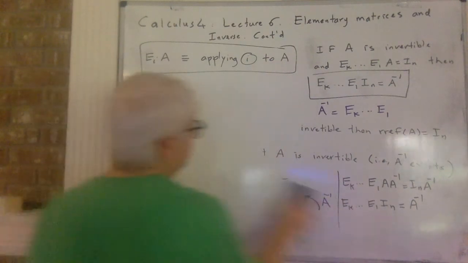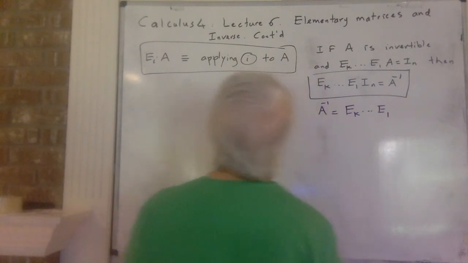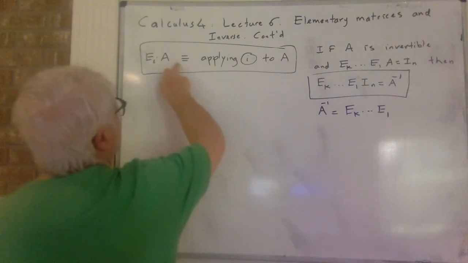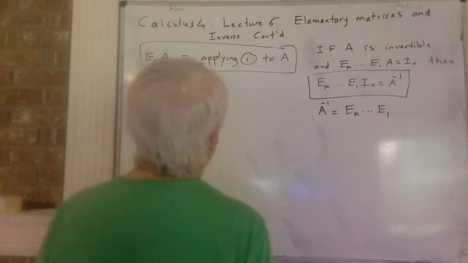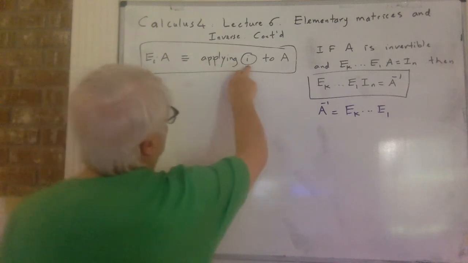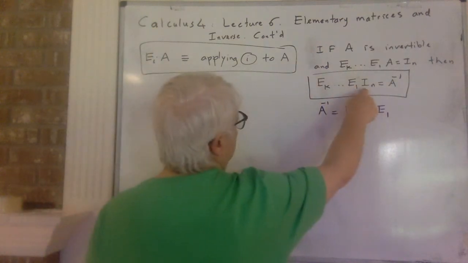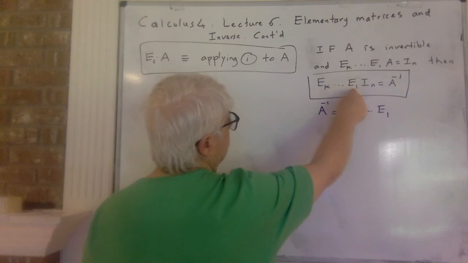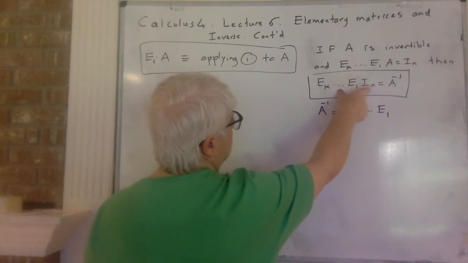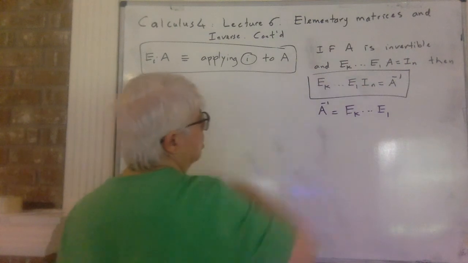I need this. Okay. Let's go back to this. EI times A is like applying operation I to A. E1 times IN is like applying operation 1 to IN. E2 times the rest is like applying that operation to the result, and so on.